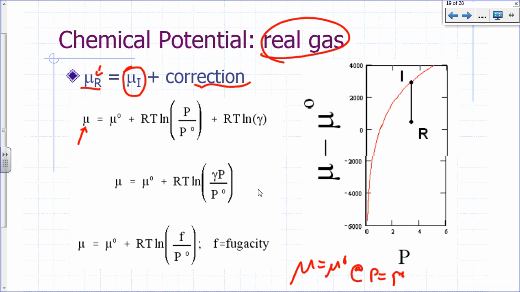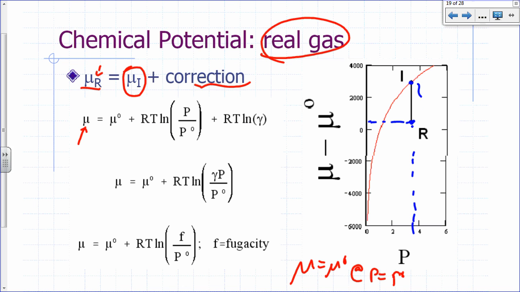So this is the ideal curve right here. Let's say that at some pressure, some condition like this one right here, this is the difference between the chemical potential of the real gas and the standard state. The ideal prediction would be the point on the red curve right here.